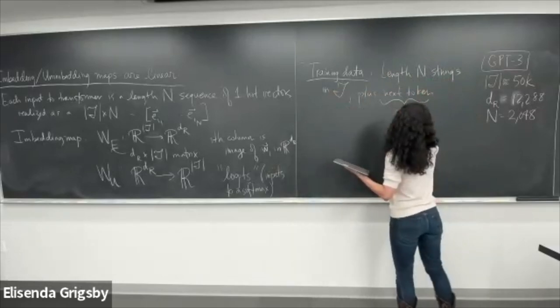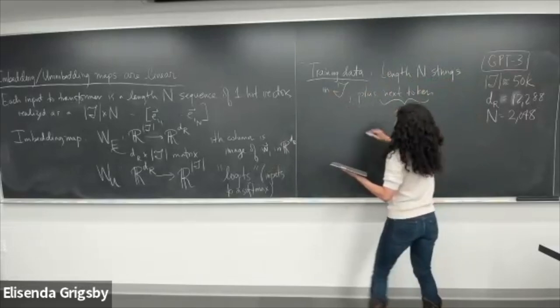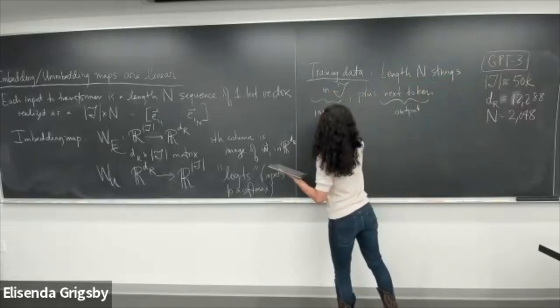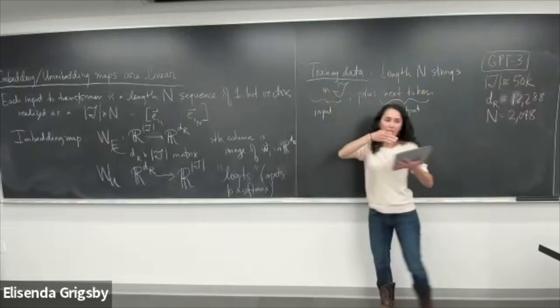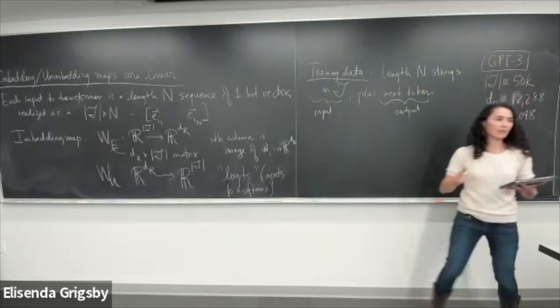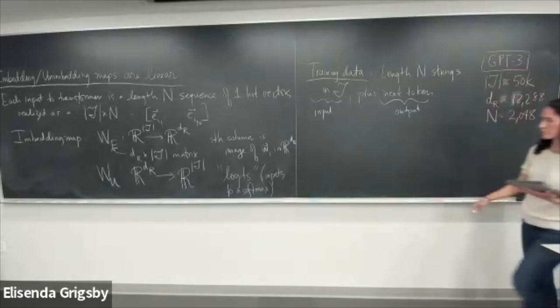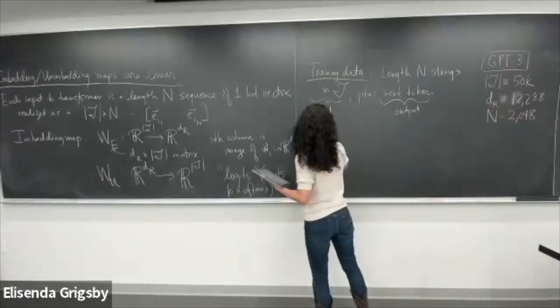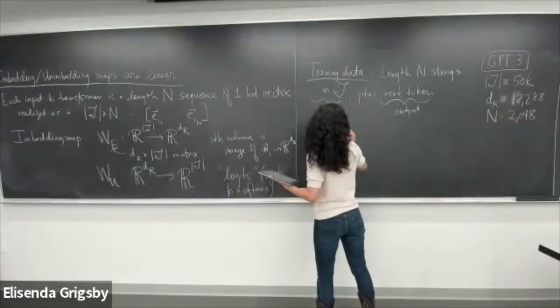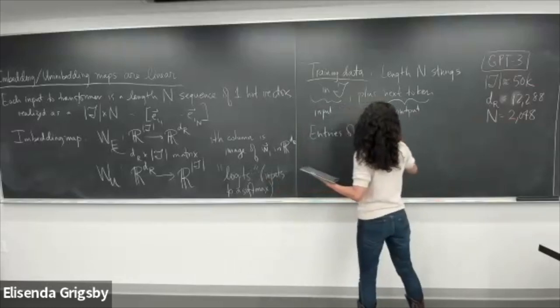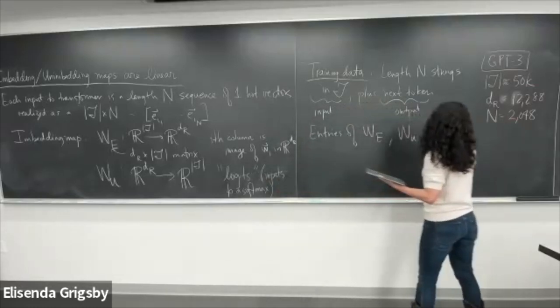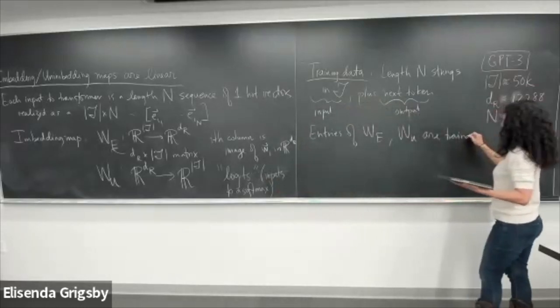So this is the output. So you have a bunch of length n strings and then the next token, length n string, next token. And that's what you're training on. And the entries of W_E and W_U are trainable parameters.